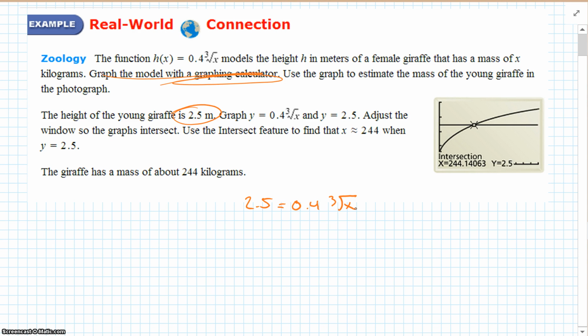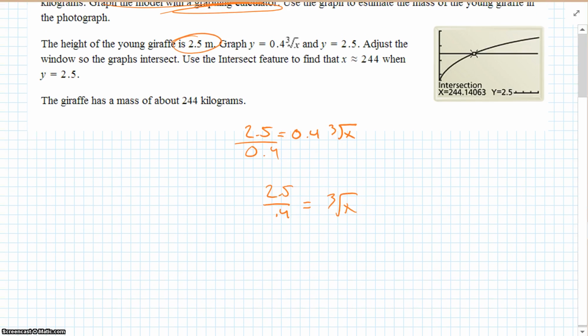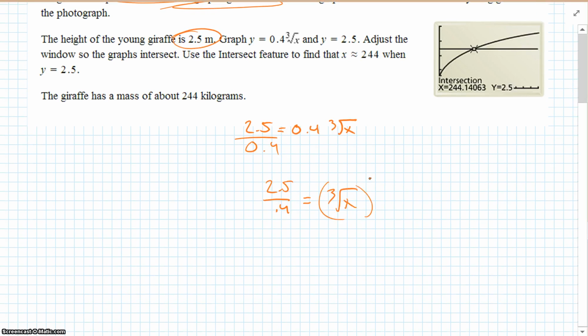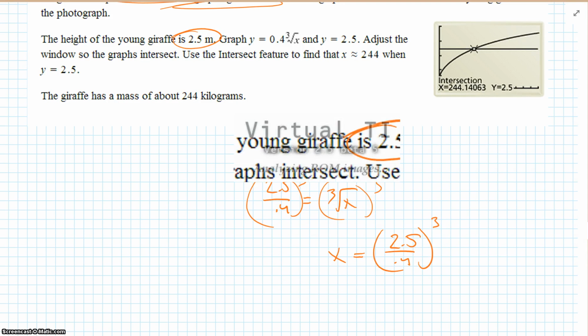So divide everything by 0.4. So we get 2.5 over 0.4 equals the cube root of x. So we're going to cube each side. So x is going to equal 2.5 over 0.4, cubed. Let's go ahead and get our handy dandy calculator out.